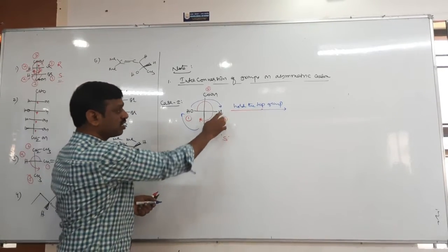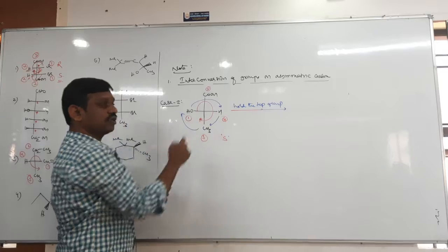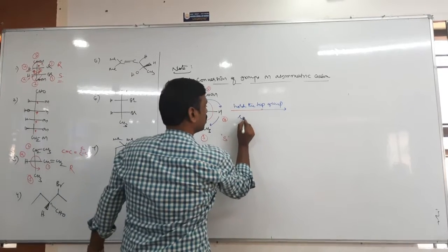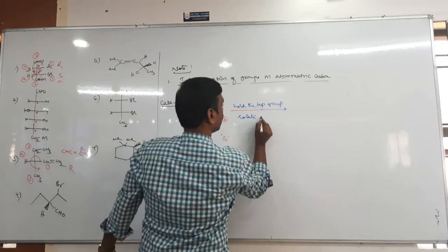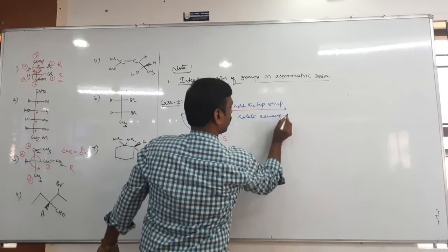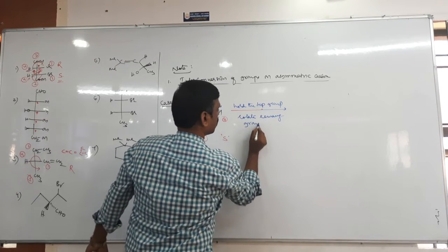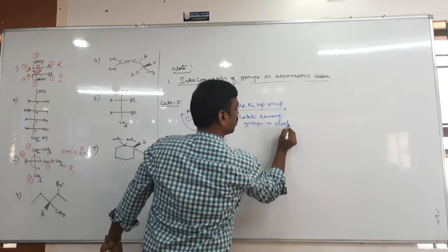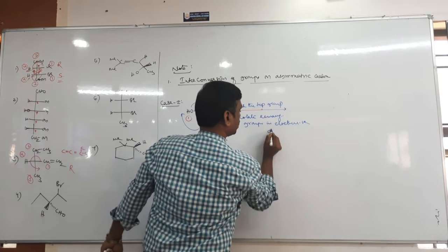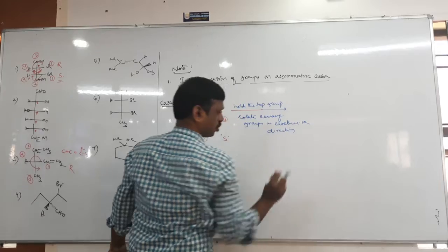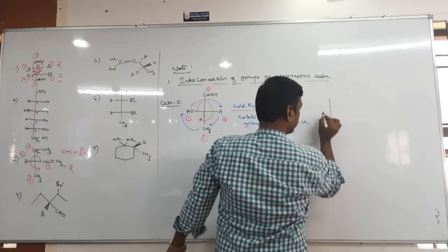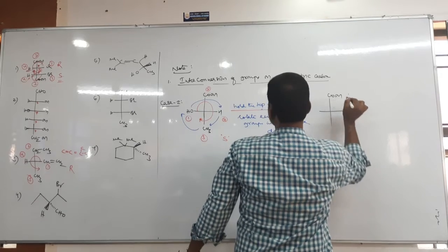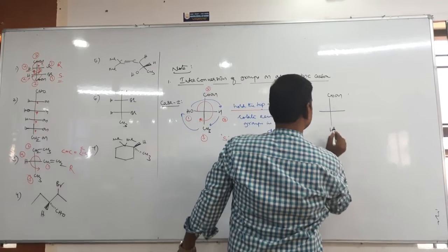But I want to bring this H to vertical, so rotate the remaining groups in the clockwise direction.